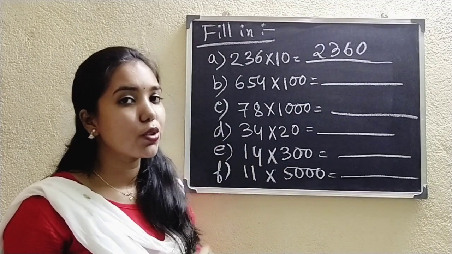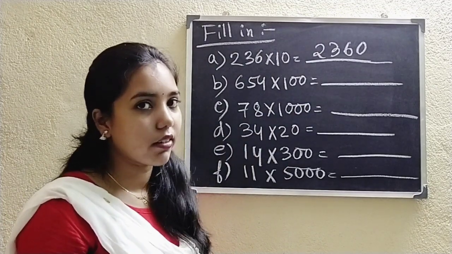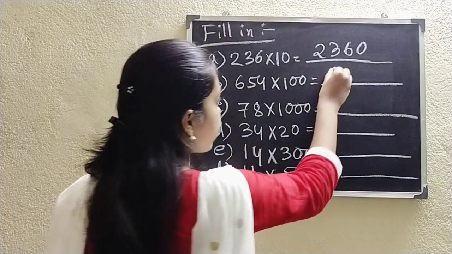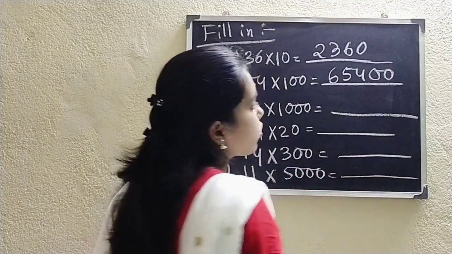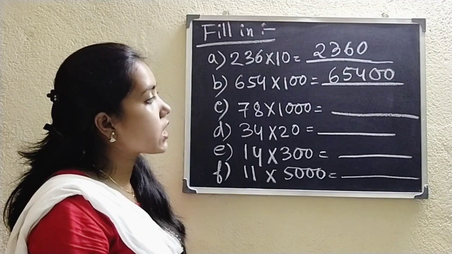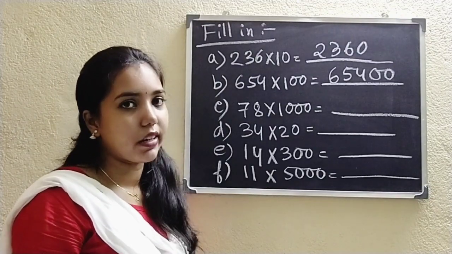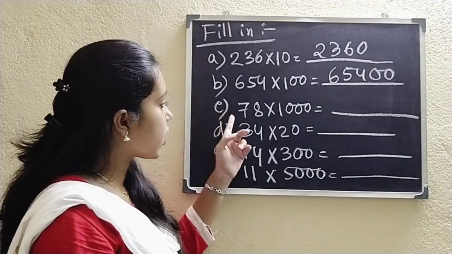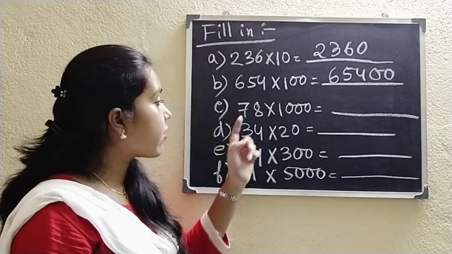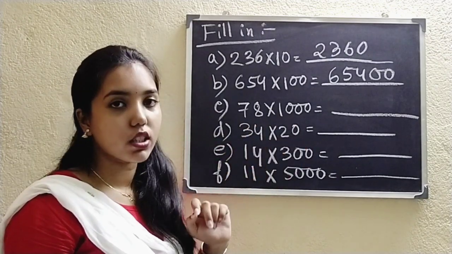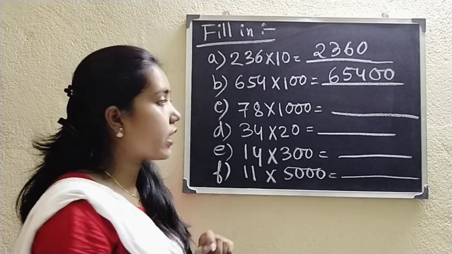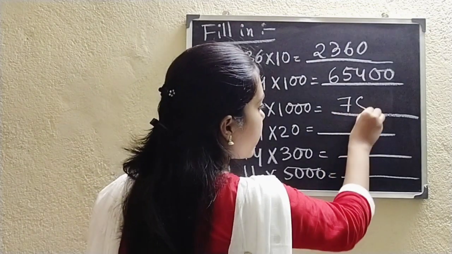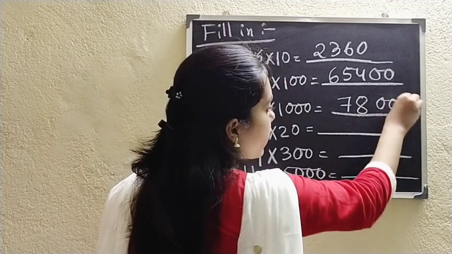So we will put 2 zeros on the right side of 654. So our answer will be 65,400. In the third question, we are told to multiply 78 by 1000. So we put 3 zeros on the right side of 78. So our answer is 78,000.